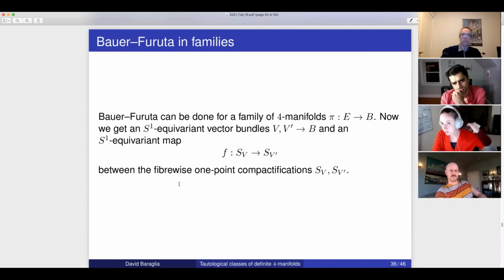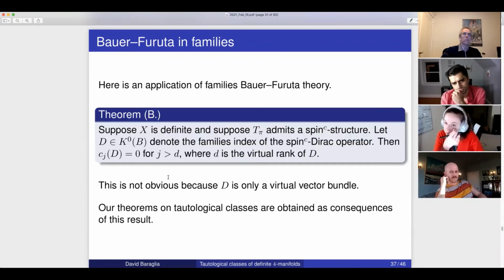And that gives you a statement in S1 equivariant cohomology of the base, involving the equivariant Euler class of the Dirac operator. But the equivariant Euler class of the Dirac operator can be expressed in terms of the Chern classes, and that gives you this vanishing.